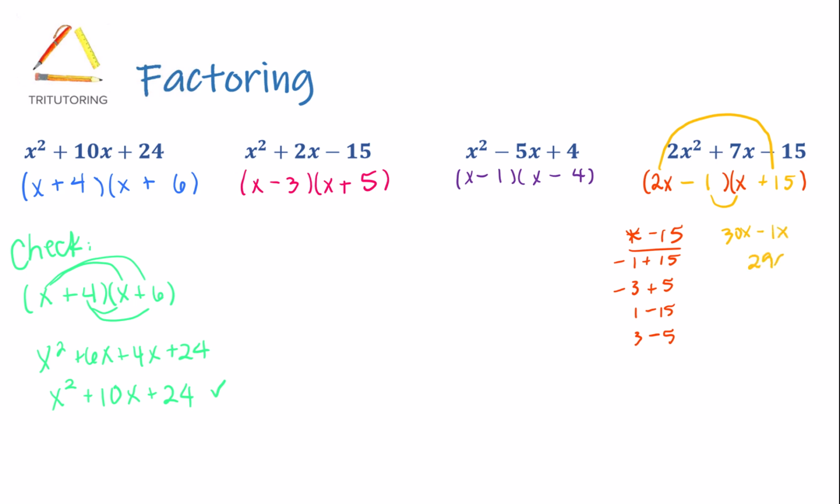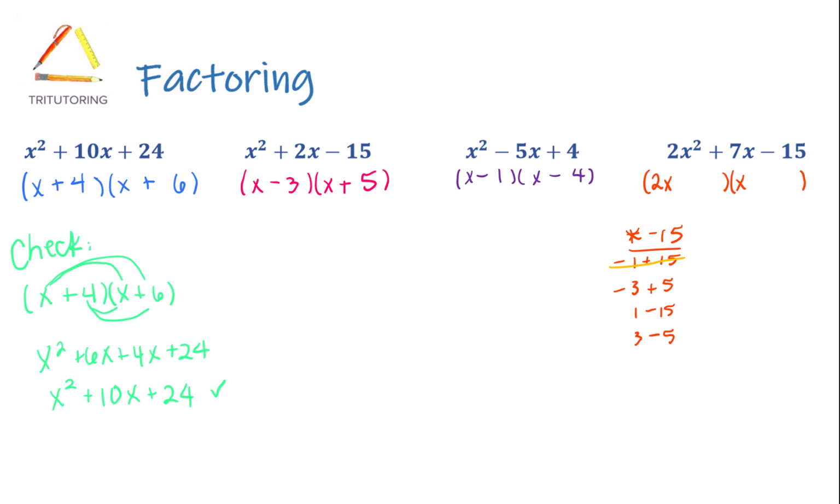Together that makes 29x. So for this method, it is best to use a pencil and fill it in to see which of these works. Obviously negative 1 and 15 didn't work, or at least didn't work in that order. So I could switch their places. Still, negative 1 and 15 in this case makes negative 2x plus 15x, which is not 7.